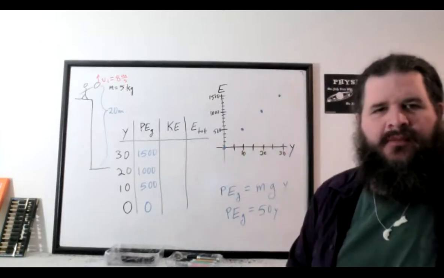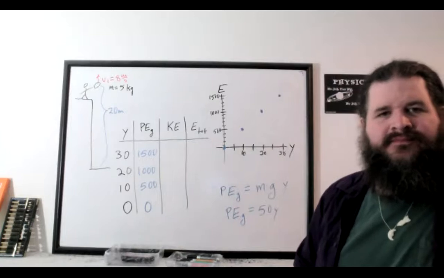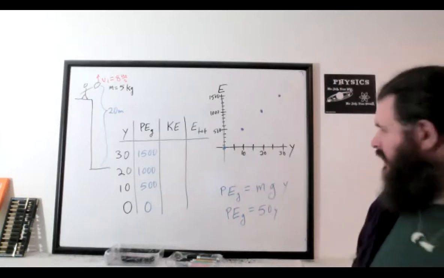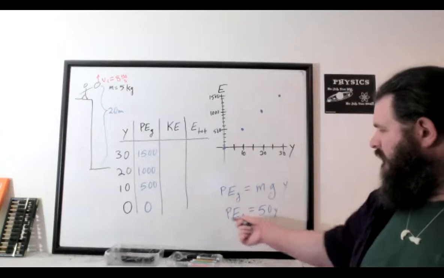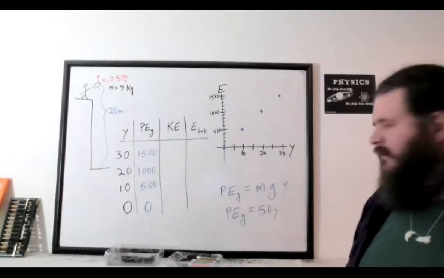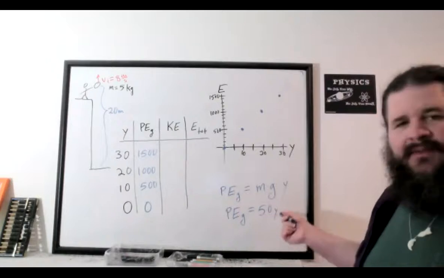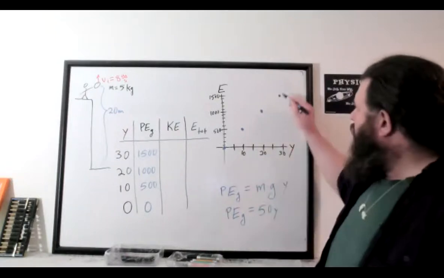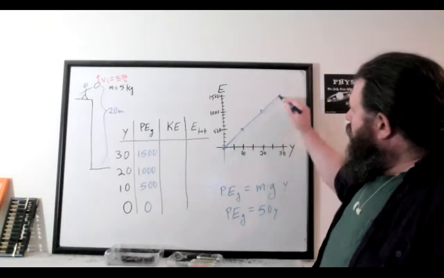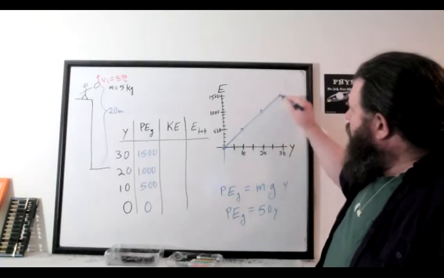And what shape are these forming if we were to connect these? Line. Yeah, and we should expect this to be linear because we have the function that says output equals a constant times input. Anytime you've got output equals a constant times input, that's always going to be a straight line, and moreover, it's going to pass through the origin. So here's our potential energy of gravity graph.